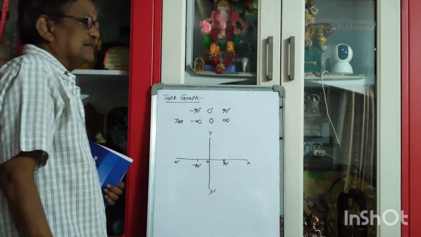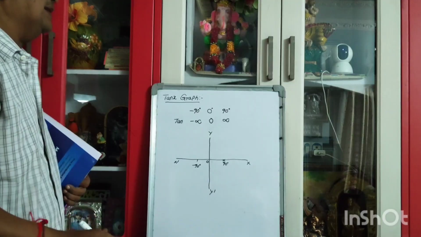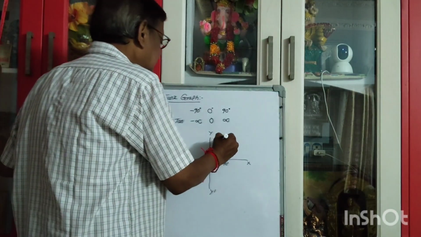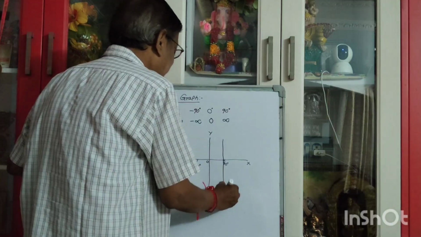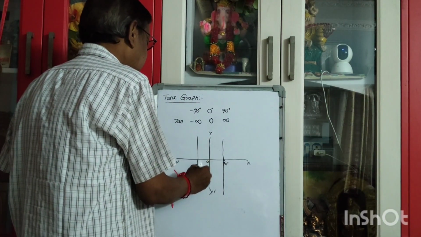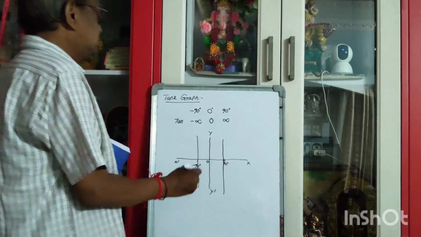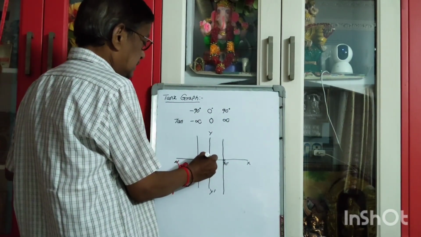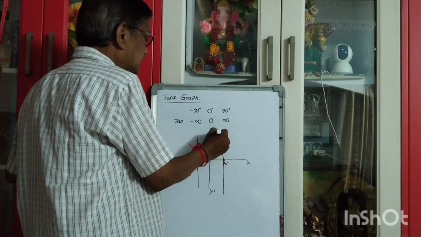Multiples of 90 you can consider: 180, 270, like that. At 90 degrees, consider a parallel line to the y-axis. Here also a parallel line to the y-axis. If you observe, tan 0 is 0, tan 90 is infinity, means like that it will go.